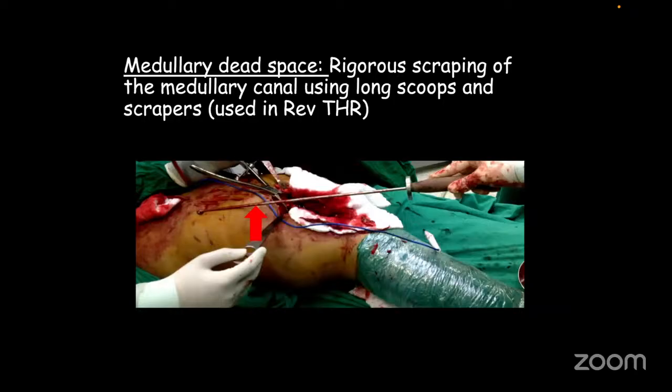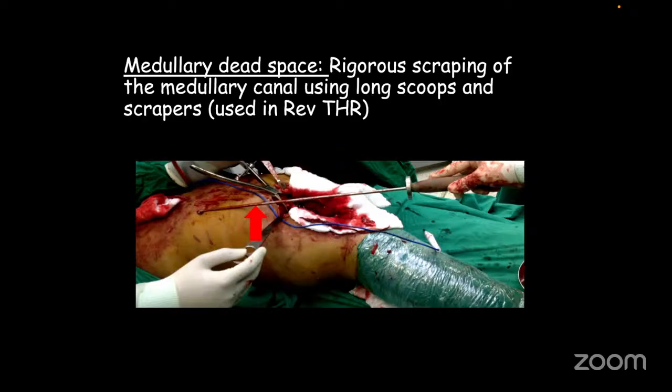We have to eliminate the infection from the medullary canal by rigorous scraping of the medullary canal. If you use flexible reamers, they will ream only the narrowest part of the medullary canal, that is the isthmus. But beyond the isthmus, proximally and distally, there is metaphysis, which is lined by this granulation tissue.